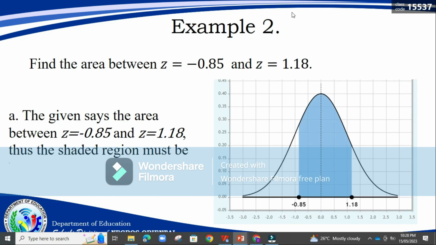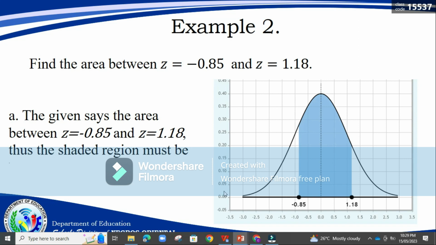Example 2: Now find the area between Z equal to negative 0.85 and Z equal to 1.18. The given says the area between Z equal to negative 0.85 and Z equal to 1.18. Thus, the shaded region must be like this.